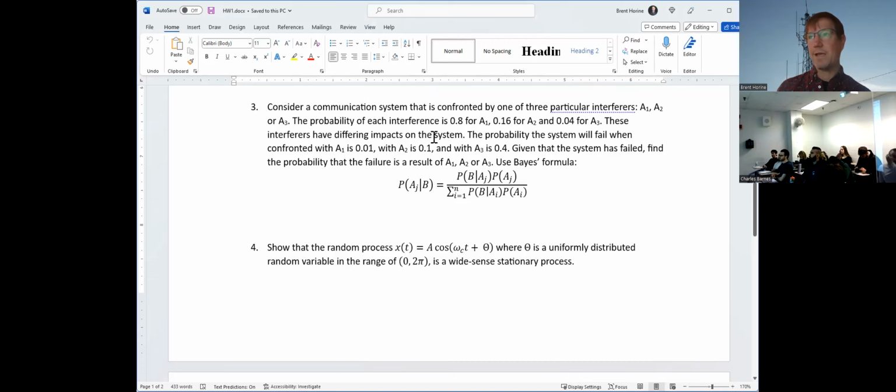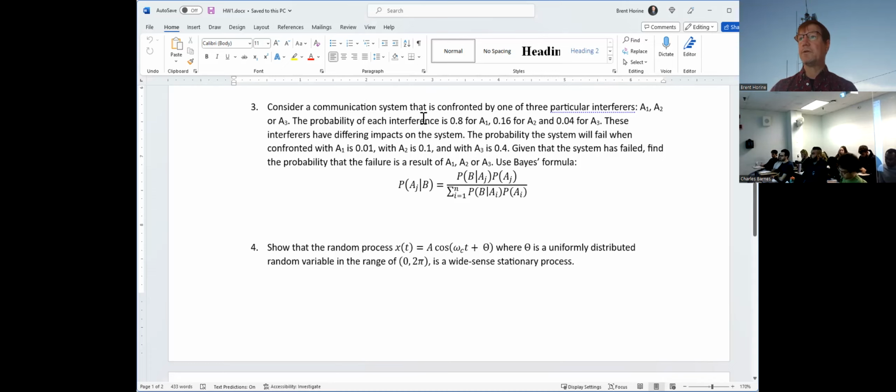These are not the same. So it's a stretch to relate interference to a MAP or an ML receiver. But if you remember, the ML receiver assumes that all these prior probabilities are equal. Here they're not. So we know that they're going to fail when confronted with that.